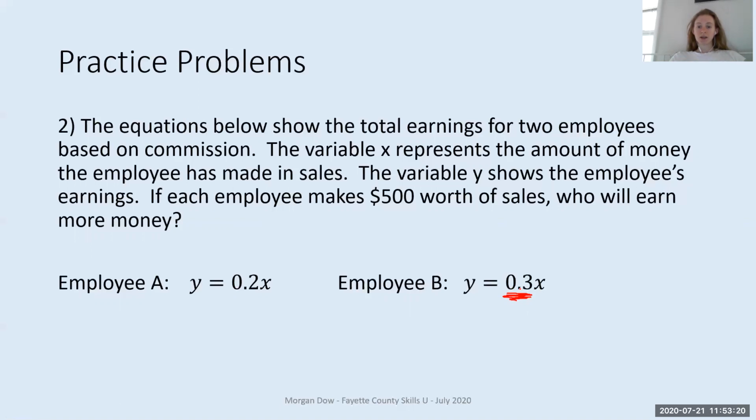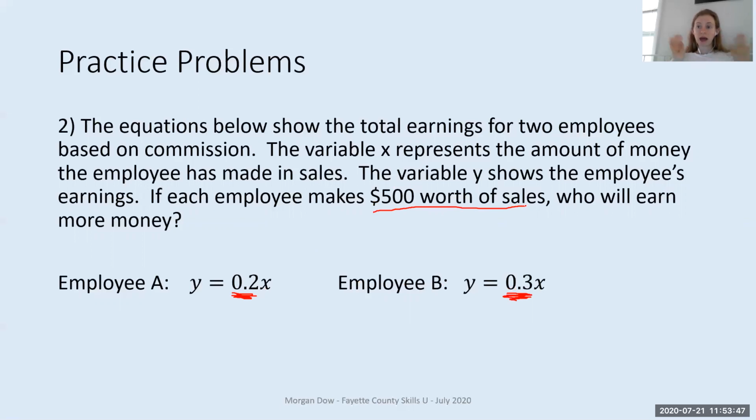Because employee B is earning 0.3 times whatever sales they make. So that's 30% of the sales that they make. Whereas employee A is only earning 20%, 0.2 of the sales that they make. So you actually don't need the $500 piece of information here in order to determine who's going to earn more money for this situation.